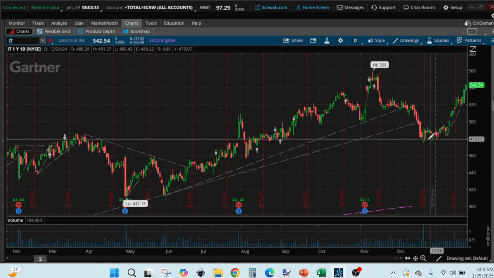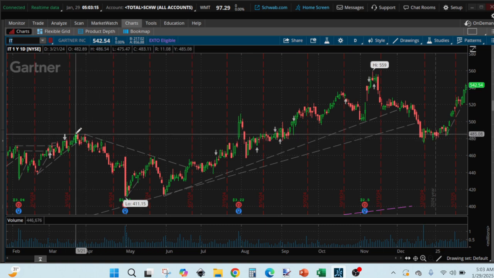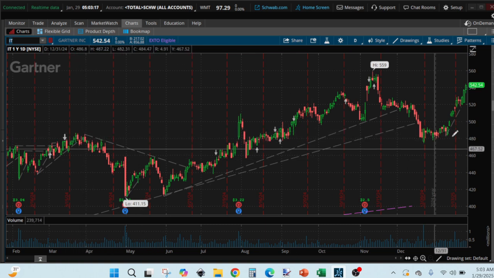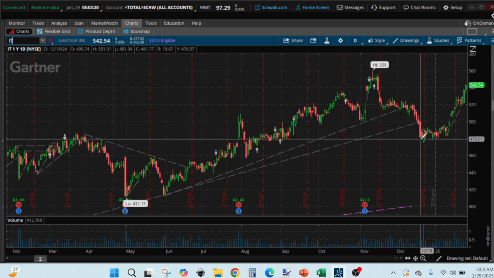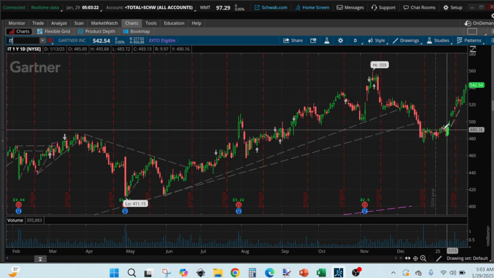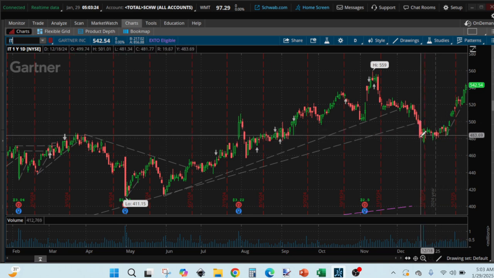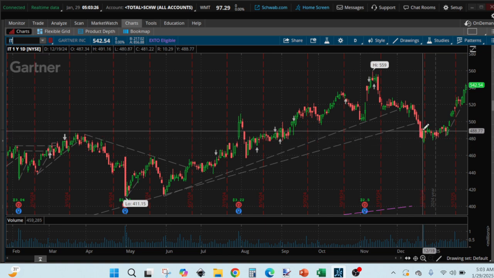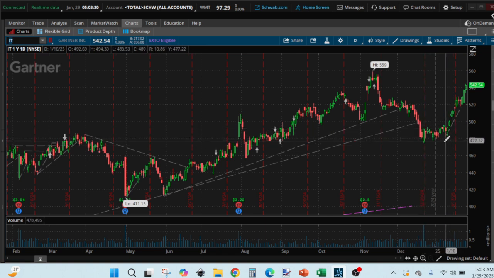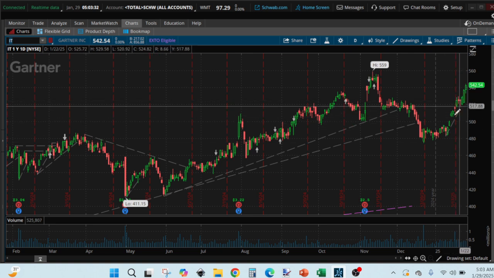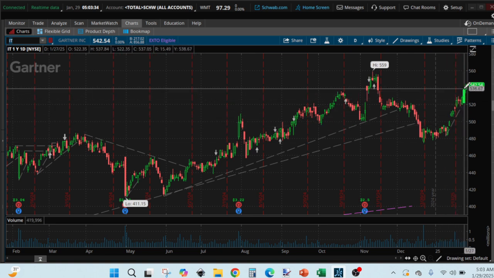It pulled back to use the resistance line here, those mountain tops, as a support line. Went sideways or consolidated, working in that horizontal time frame, and then had enough momentum to continue going up.